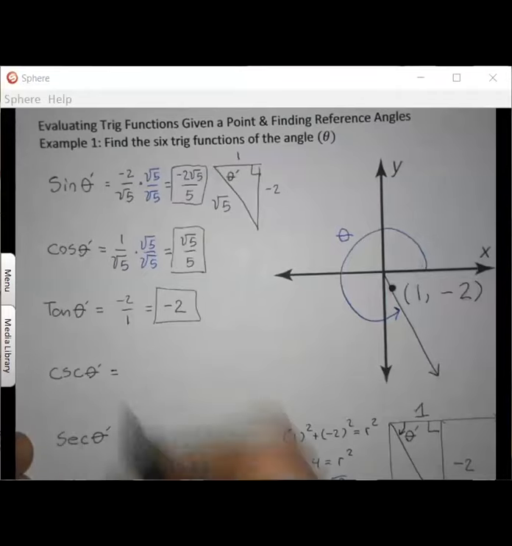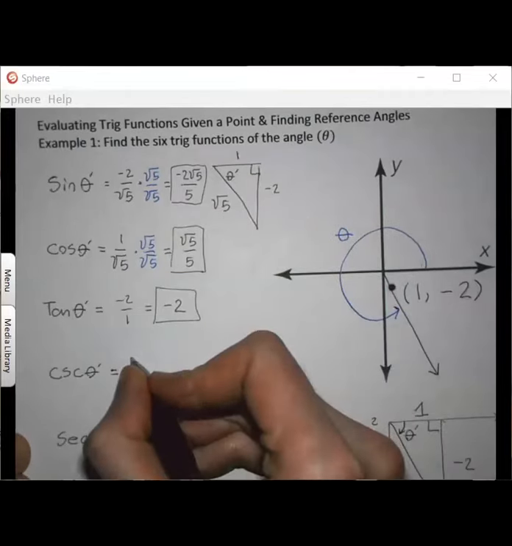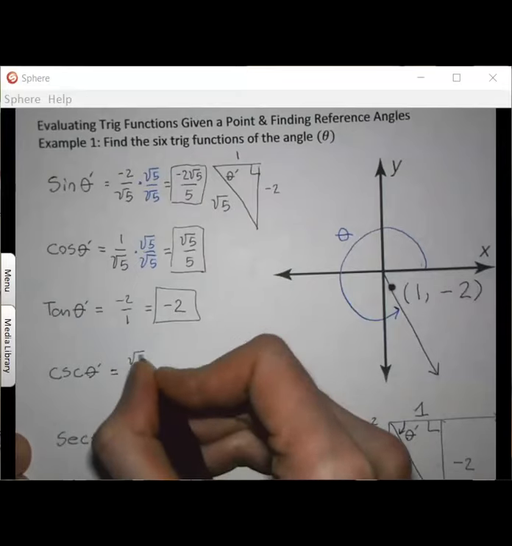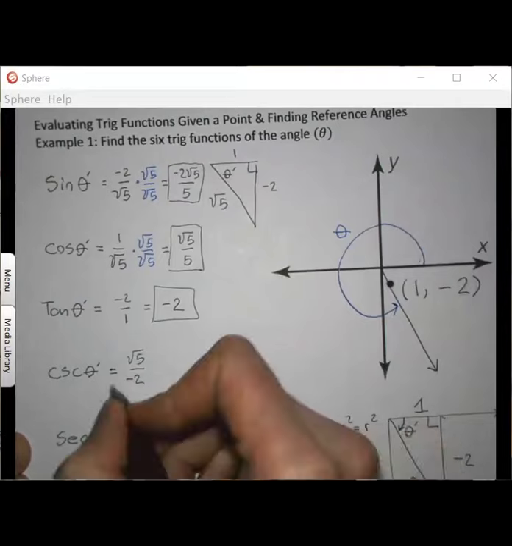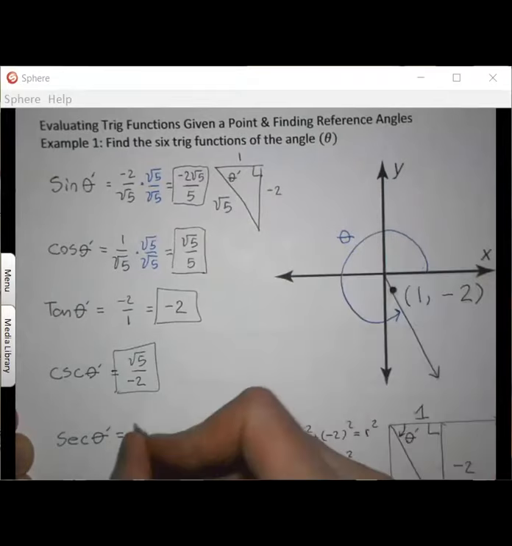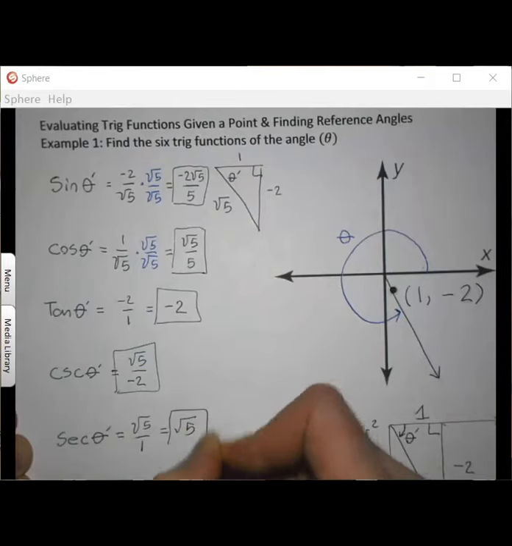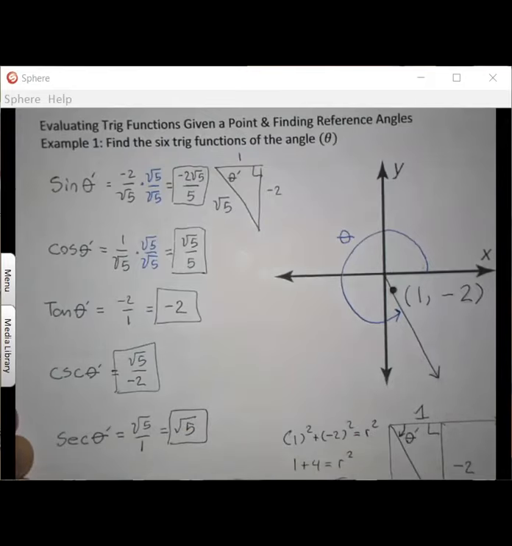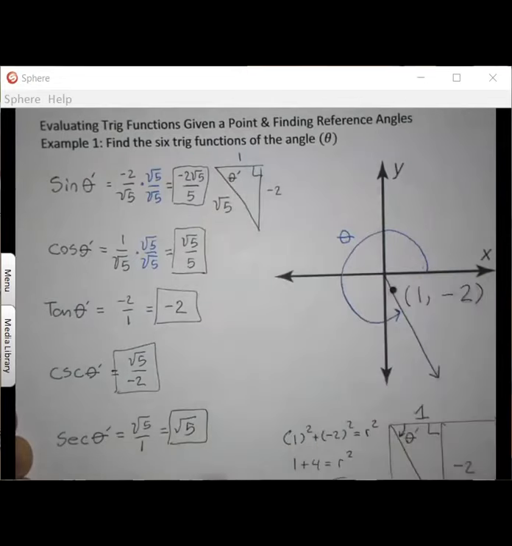Again, cosecant, hypotenuse over opposite, or root 5 over minus 2. Secant, hypotenuse over adjacent, or root 5 over 1, same as root 5. Cotangent, adjacent over opposite, or 1 over minus 2.